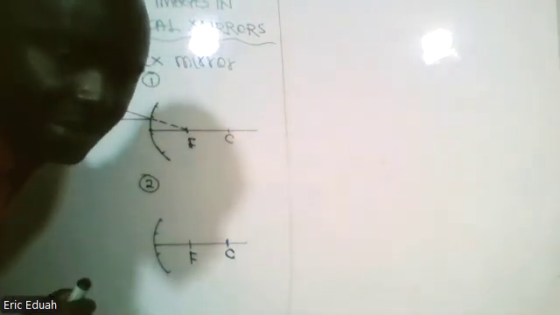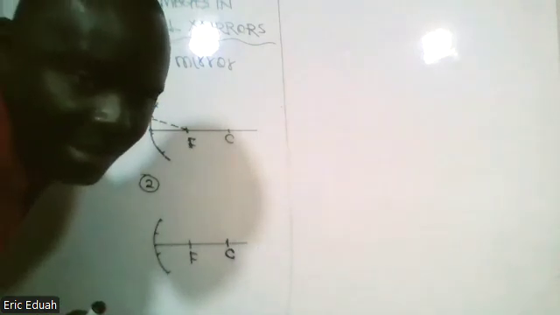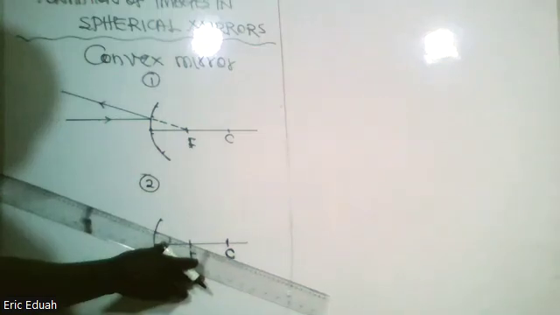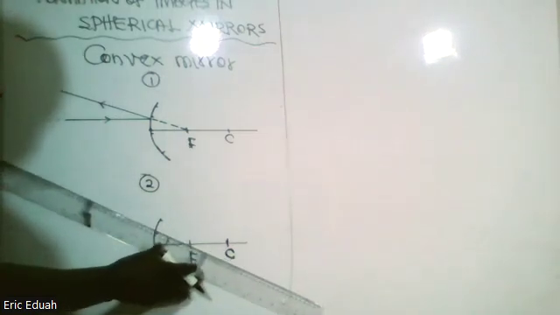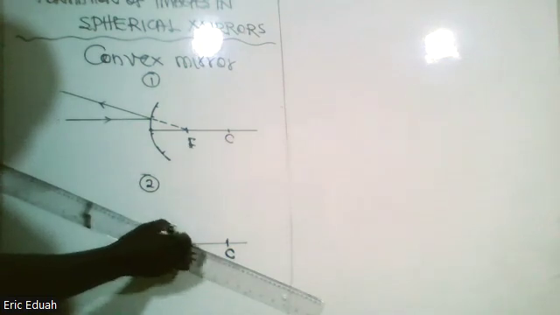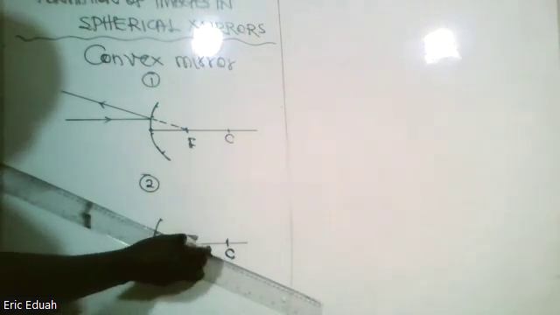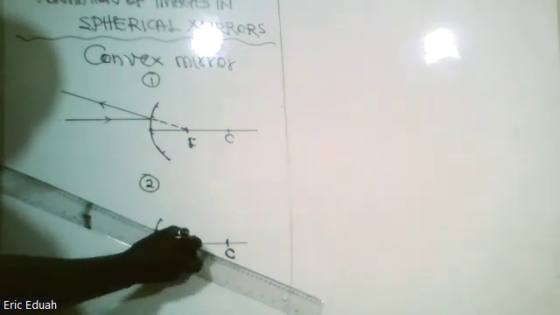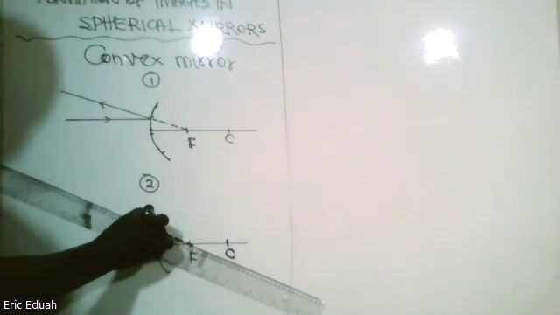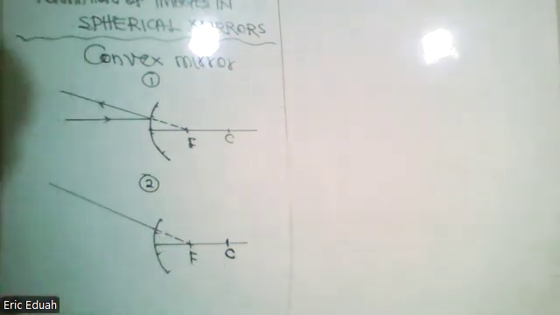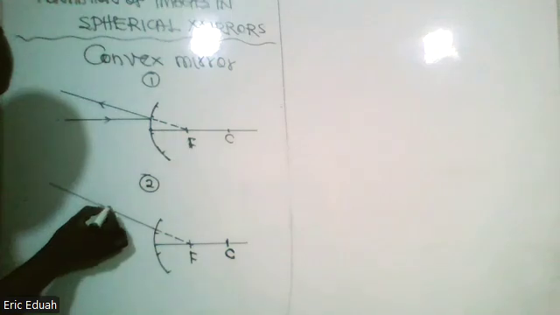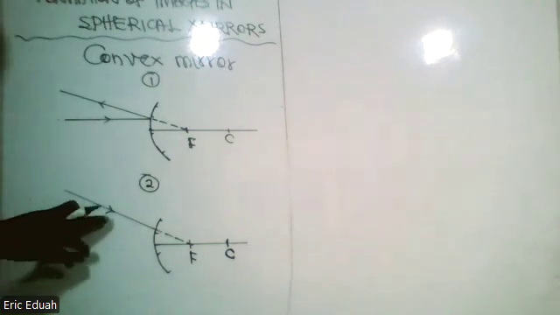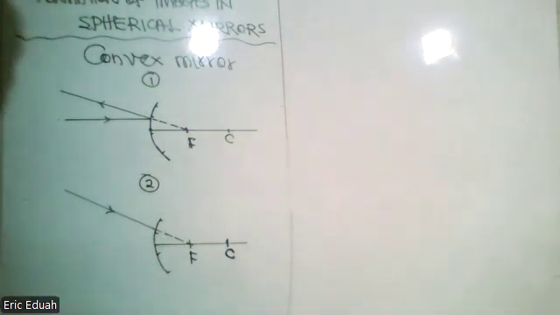The ray appears to be passing through F. So I'm tracing the incident ray to the principal focus. So if it appears to be passing through F after reflection, what do you think will happen?